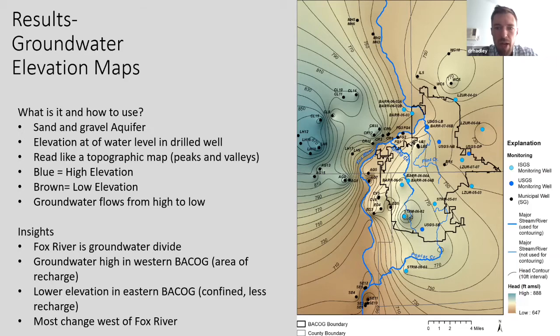So they all tap the sand and gravel aquifer. Really what I was referring to as the brown versus the blue shading was just in terms of the potentiometric surface. So blue is the higher elevations in the aquifer, brown is the lower elevations of the aquifer. But every dot that you see on the map is representative of a sand and gravel well. Does that make sense?